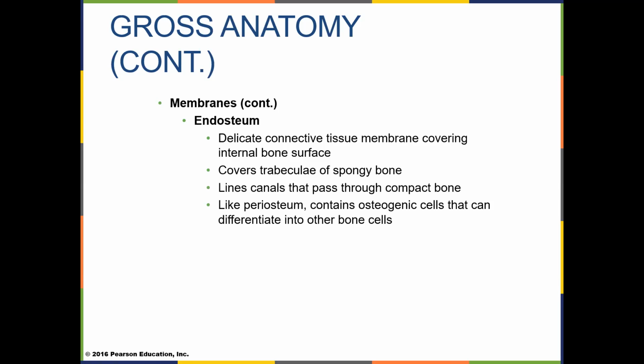The endosteum is called that because it's internal, and so it acts similar to epithelial cells. It lines all the openings. That's what epithelial cells do in our bodies. These are not epithelial cells. They act like them as far as lining all the openings, but the endosteum lines the inside of the compact bone. It lines all the trabeculae of the spongy bone. It covers every canal and channel and opening, and it also contains osteogenic cells. Stem cells are present there.